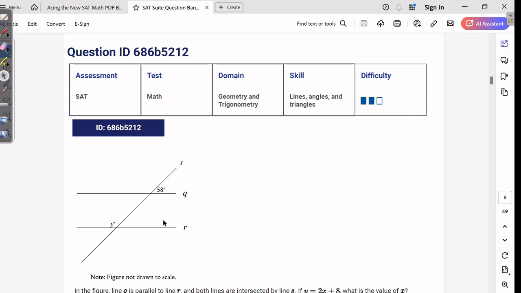In the figure, line Q is parallel to line R and both lines are intersected by line S. If y is equal to 2x plus 8, what is the value of x? Here is y.